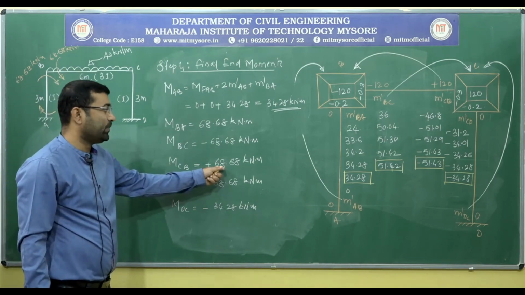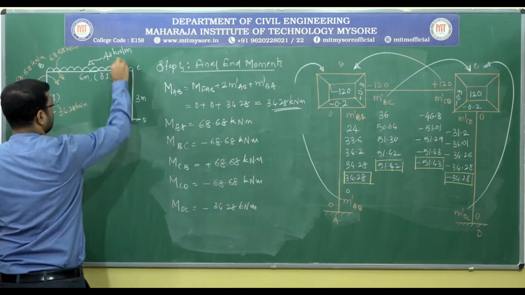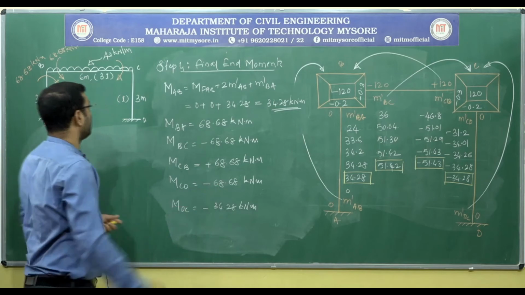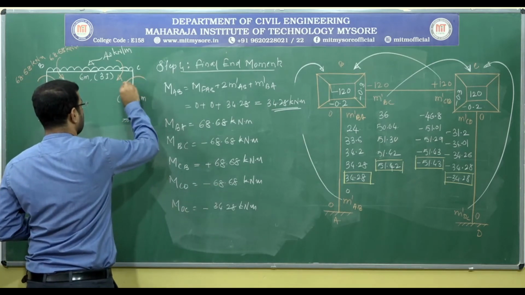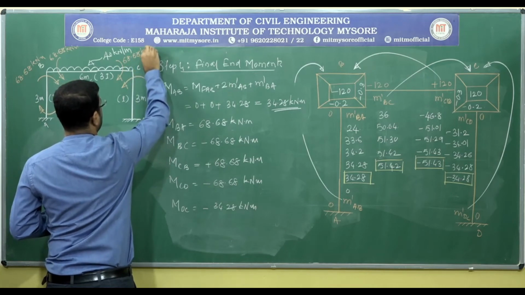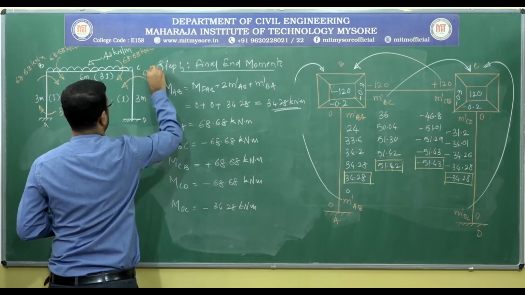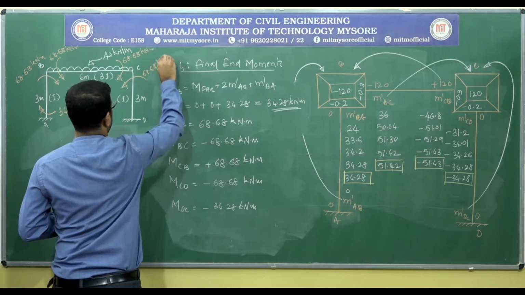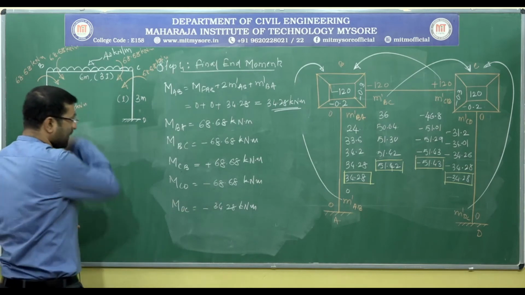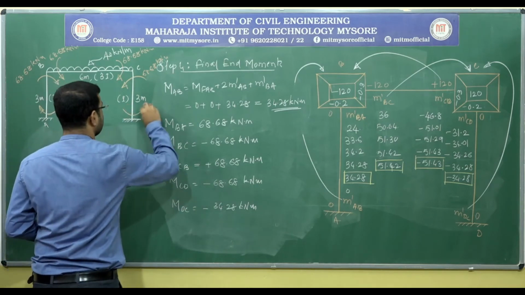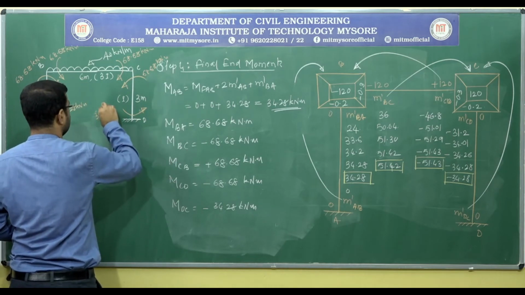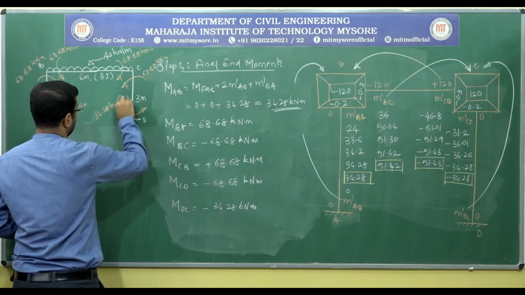MCB is plus 68.68. MCD minus 68.68, minus means it is anti-clockwise in that direction. 68.68 kilonewton meter, 68.68 kilonewton meter, whereas MDC is minus, meaning anti-clockwise, 34.28 kilonewton meter.